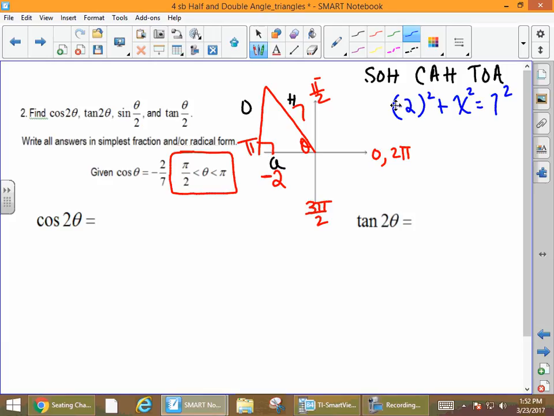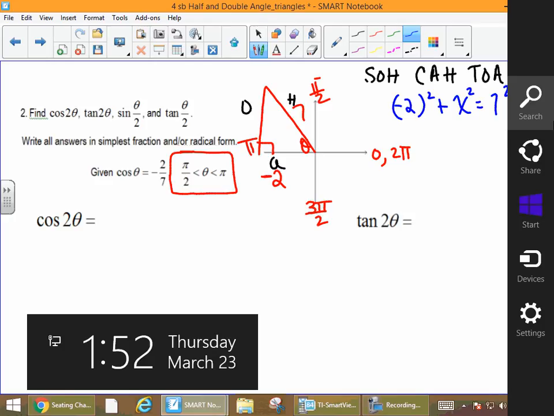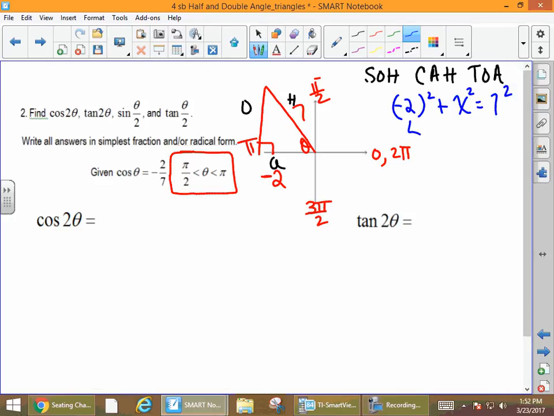Negative 2 squared means negative 2 times negative 2, which is positive 4, plus x squared and 7 squared is 49. Well, we want to figure out what x equals, so we're going to move the 4 to the other side by subtracting. We get x squared equals 45.